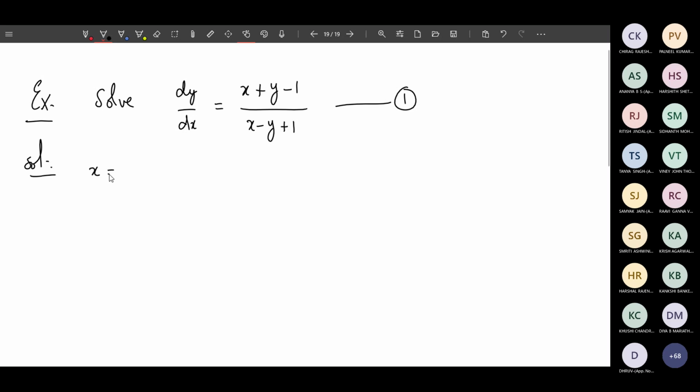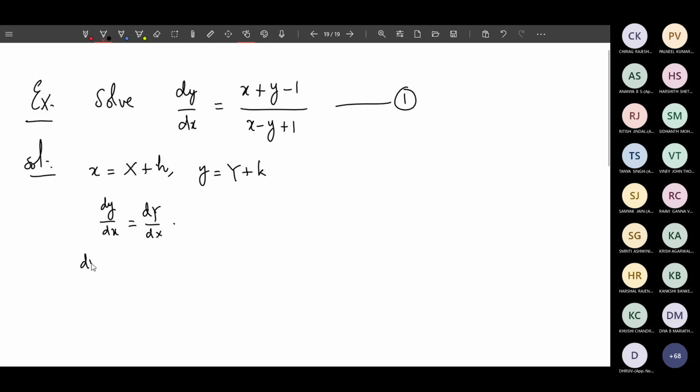Therefore, x I will shift as x plus h, and y as y plus k, and find out the intersecting point h and k, assuming the linear equations ax plus by plus c, a dash x plus b dash y plus c dash are satisfied. In this case, dy by dx is the same as, as we have seen, d capital Y by d capital X.